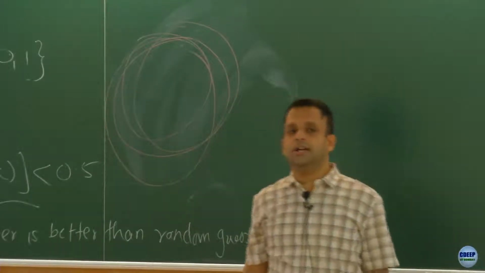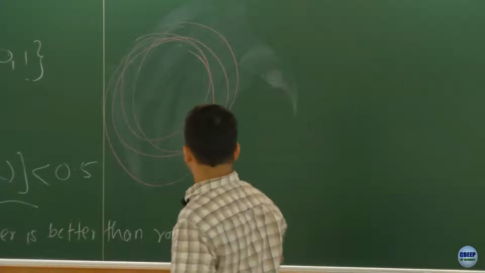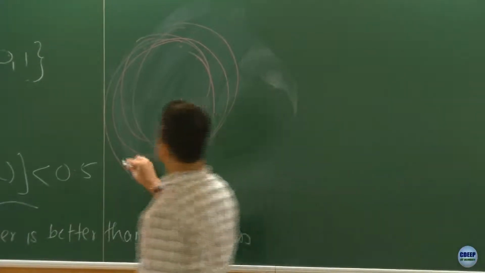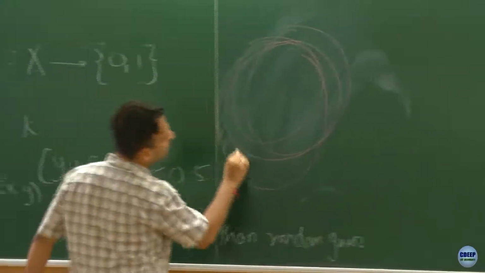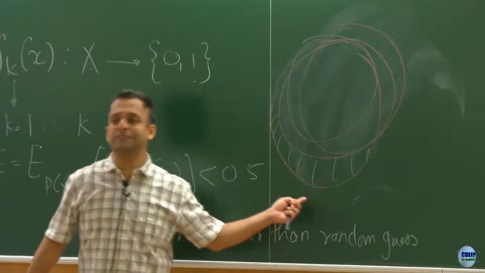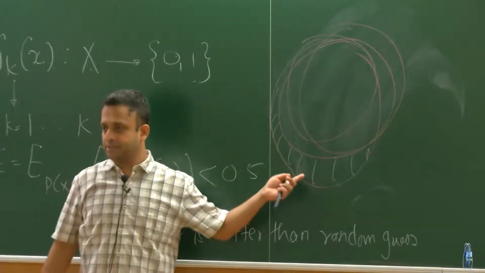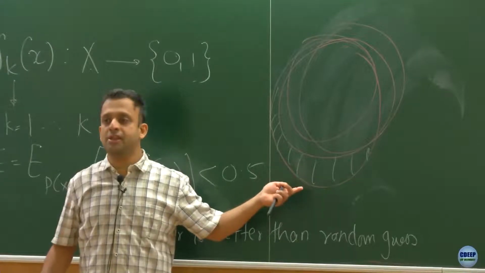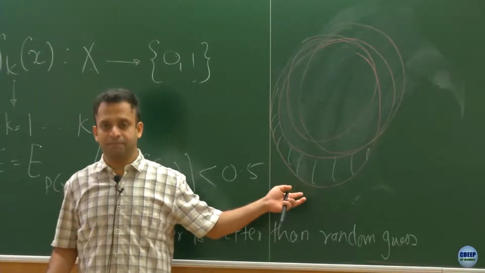So the idea is that this region where one specific classifier disagrees with the other classifiers is the region where most of the others will agree.